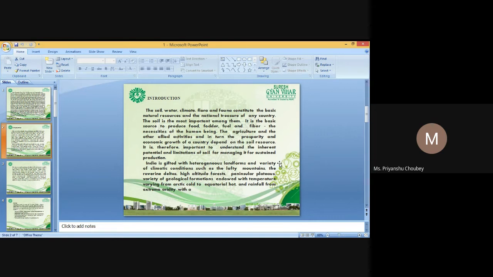So, what constitutes soil is a mixture of powdered mineral particles, organic matter, water, and air. Presence of organic matter, living and dead, in soil gives life to it.